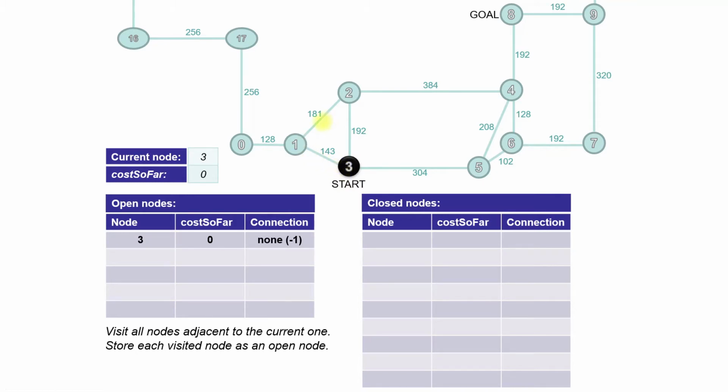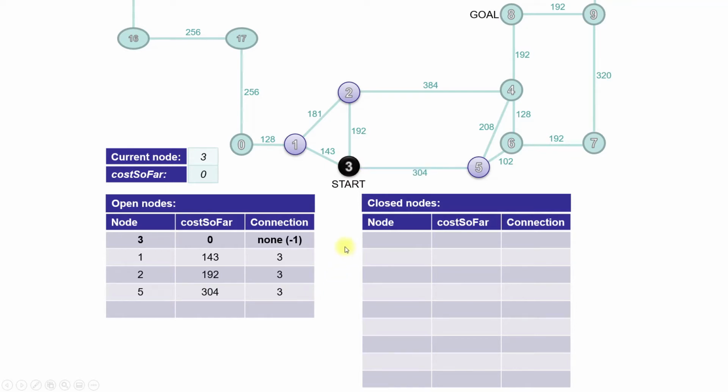So the first node to visit is the node number 1, and it's stored in the open nodes with its cost 143, and the connection is equal to the current node, so connection is node number 3. Going on to node number 2 with cost 192 and connection again the current node number 3. The final node to add to the open nodes is the node number 5, cost so far 304, connection 3.